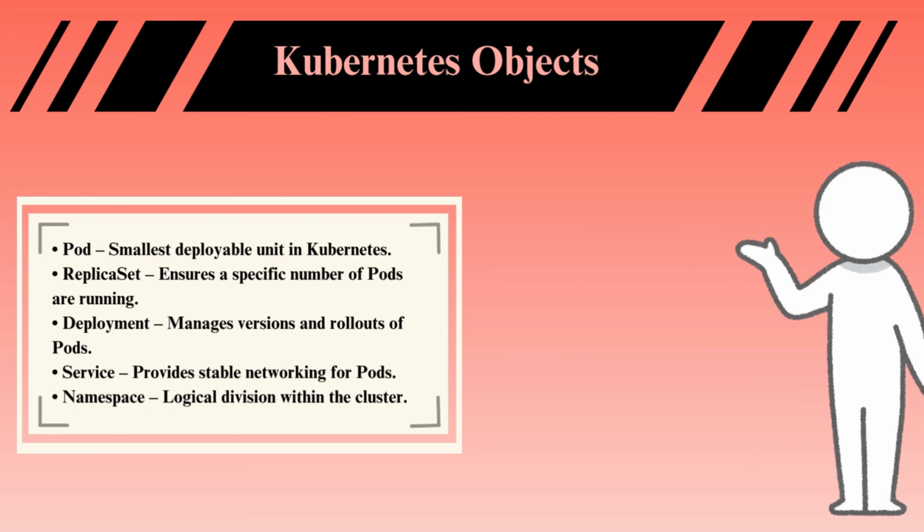Service provides stable access to pods, for example a load balancer. Namespace is a logical cluster partition, for example dev and prod. ConfigMap and Secret store configuration and credentials, for example a DB password. Kubernetes uses a YAML file to define all of this, kind of like a blueprint for your cluster.